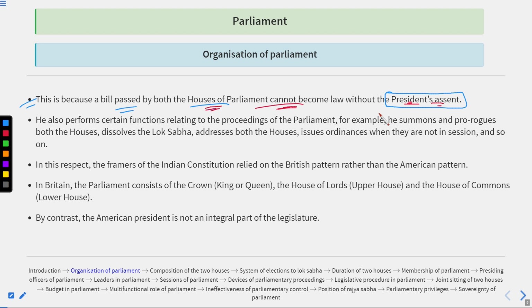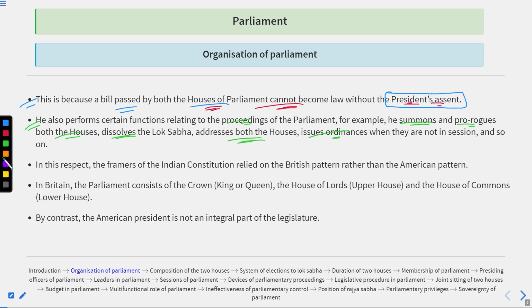Until the president grants the assent, the bill will not become a law. He also performs certain functions relating to the proceedings of the Parliament. For example, he summons and prorogues both the houses, he can dissolve the Lok Sabha, he addresses both the houses, he can issue ordinances when the houses are not in session, and so on.